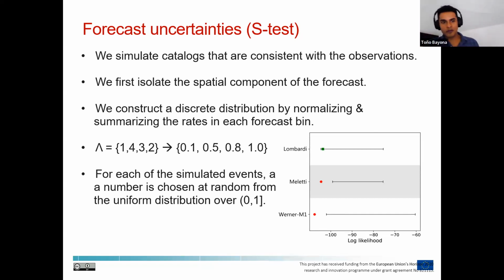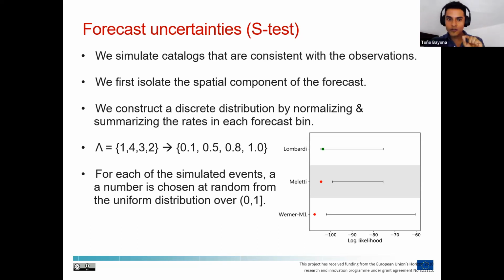So, for example, another fairly straightforward example. In this case, I have a forecast that has 4 spatial cells, and in each cell I have 1, 4, 3, and 2 earthquakes. So I normalize the total number of earthquakes, and I assign in each cell the cumulative rate. So then, once I have this distribution, for each simulated event, let's say that in 10 years I'm observing 40 earthquakes.